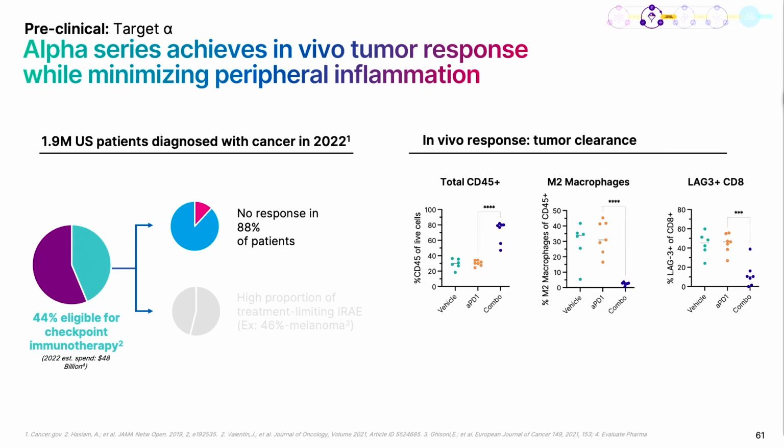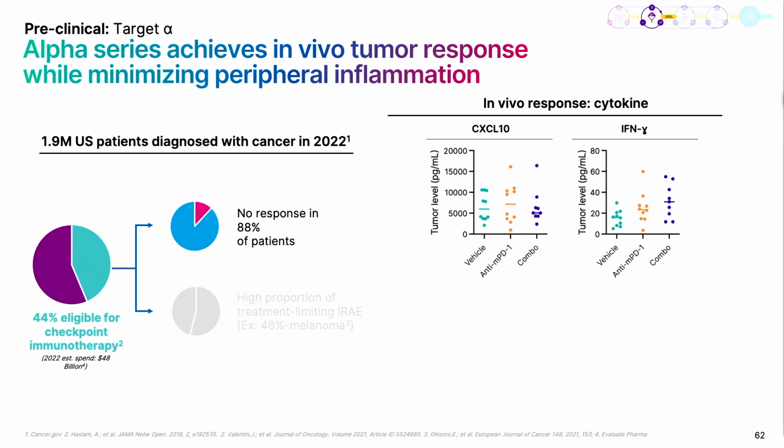We then looked within the actual tumor microenvironment to see what was potentially going on there. We saw an increase in immune infiltrates, as evidenced by these total CD45 positive cells in the combination. We also saw decreases in suppressive macrophages, as well as LAG3 exhausted T cells. So generally looking very good within the tumor microenvironment.